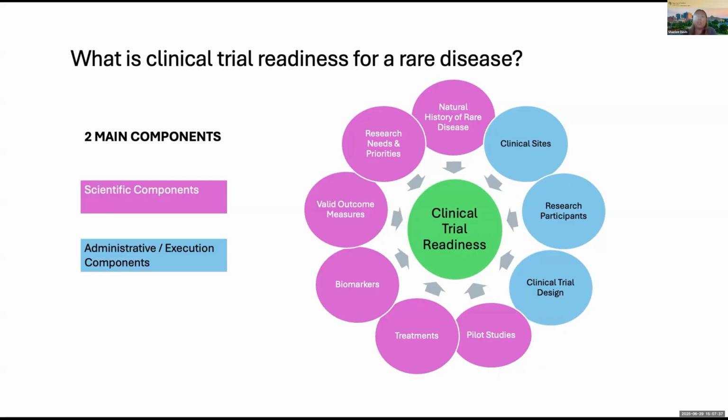We often need biomarkers because the outcome measures that we care about are often many, many years down the road, and biomarkers may be used to identify changes in these long-term outcome measures in a much more compact clinical time frame. We obviously need treatments and pilot studies as well to get us to a place where we can conduct large-scale clinical trials.